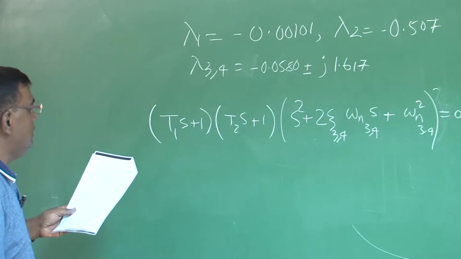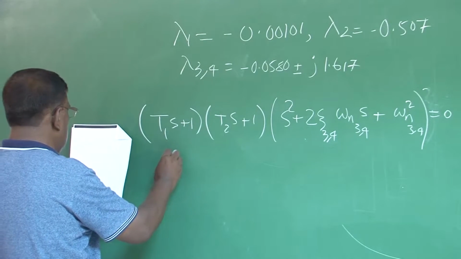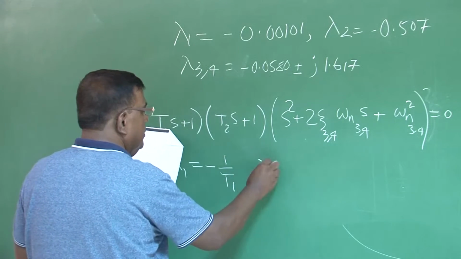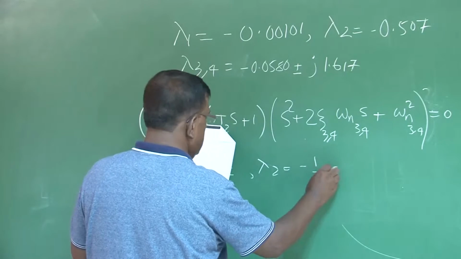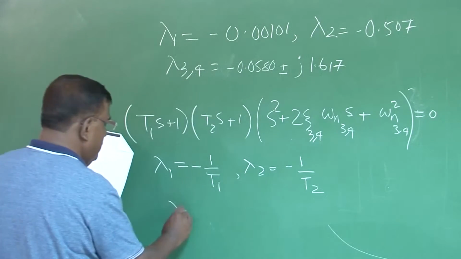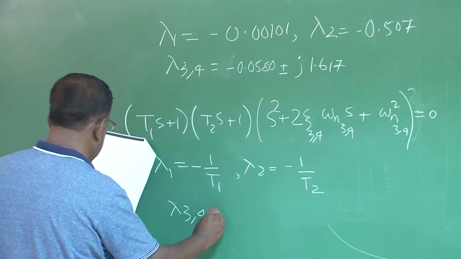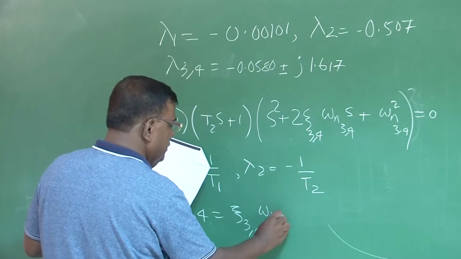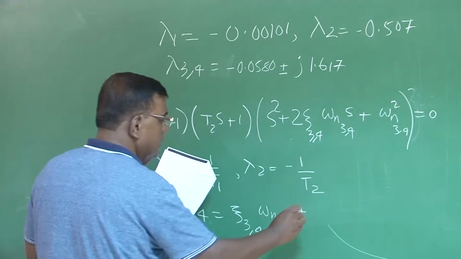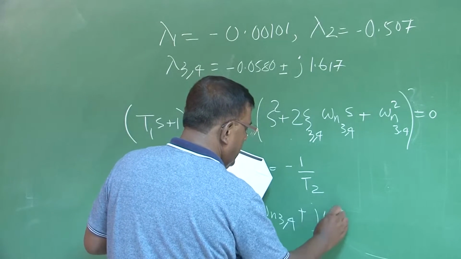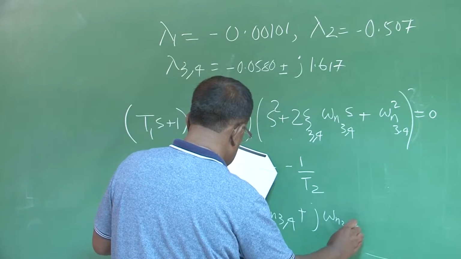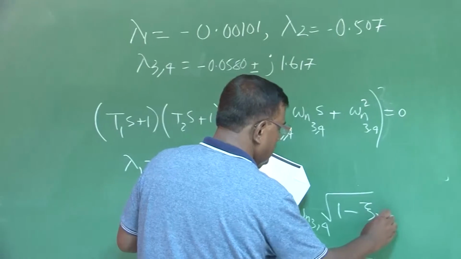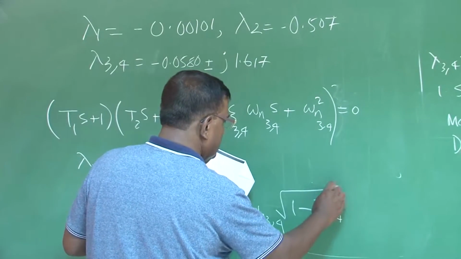From this I get the root lambda 1 equal to minus 1 by T1, lambda 2 equal to minus 1 by T2, and lambda 3 4 I can write as minus zeta 3 4 omega n 3 4 plus minus j omega n 3 4 times square root of 1 minus zeta 3 4 squared.